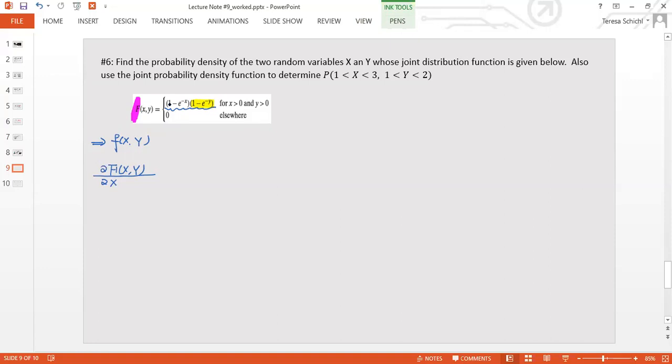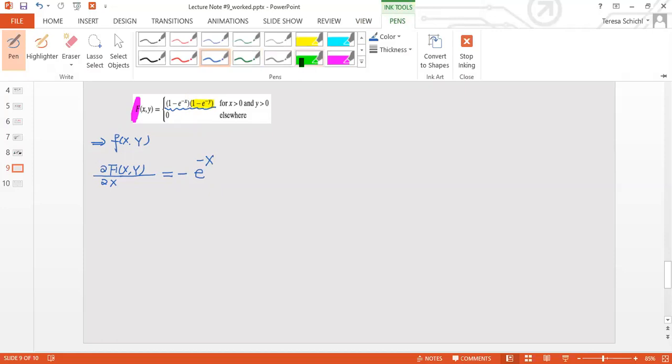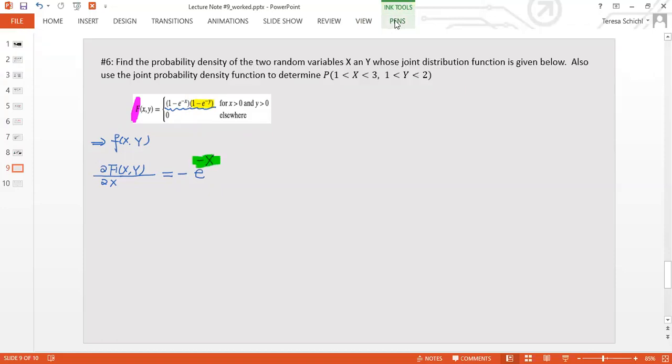So the 1 is 0. Then the e to the negative x is what? You have a negative sign from here. For e to the negative x, we know the derivative of the exponential is always itself. Then you need to do the chain rule, which will be negative 1.